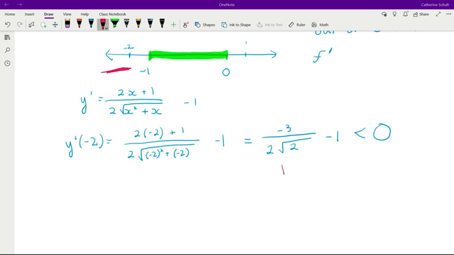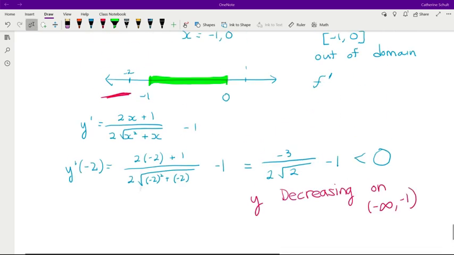So what does that mean? Well, according to our increasing/decreasing test, if our derivative is negative, that means our original function y is decreasing. And it's going to be on the interval -infinity to -1. All right, we can't go to -1. -1 is undefined.